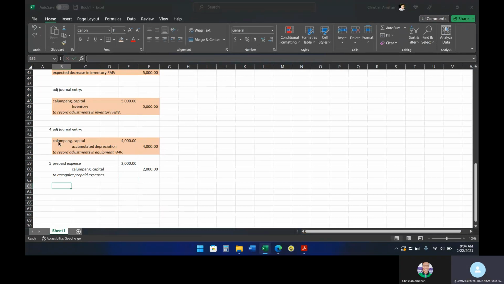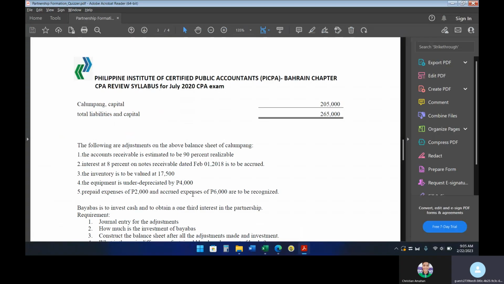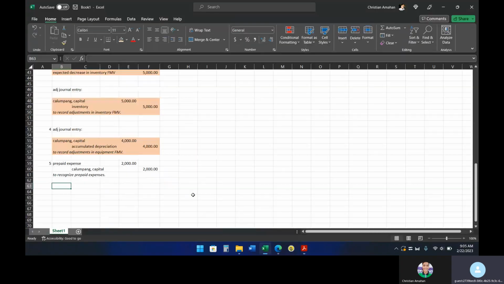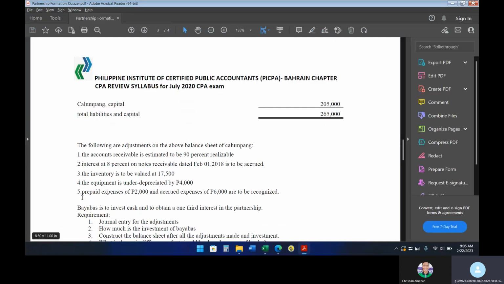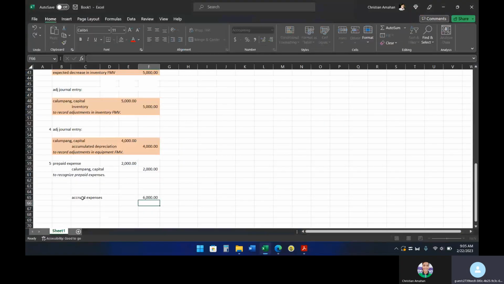And then on the other hand, accrued expenses we record as a credit because we are increasing it. So accrued expenses at 6,000 pesos. And of course, debit to Kalumpang Capital to recognize accrued expenses.